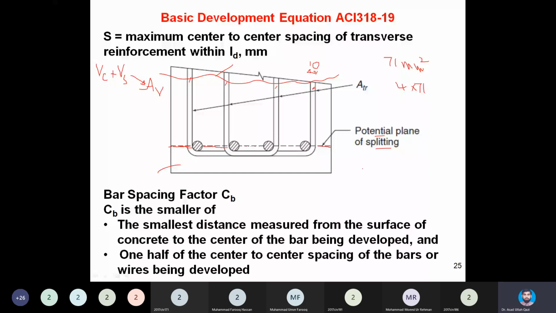it is investigated how many legs of the ties are stitching this potential splitting plane. So it is important to note that the same number of legs are also actually stitching this detachment of the cover.